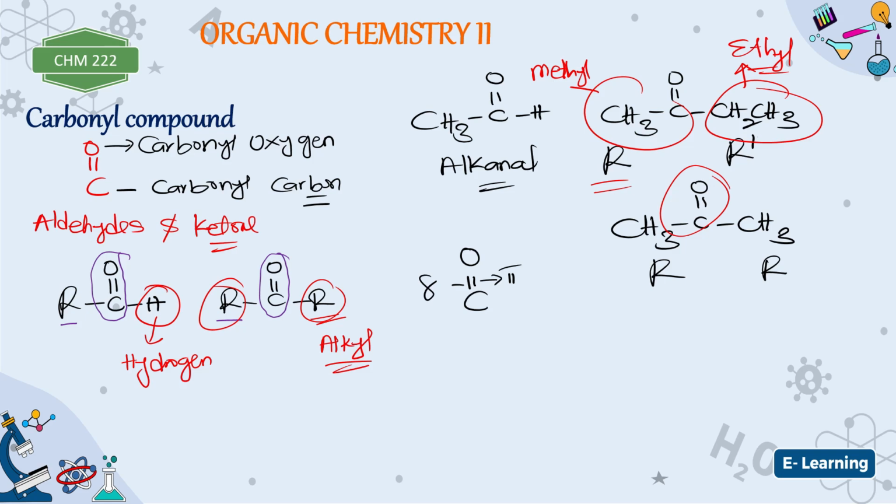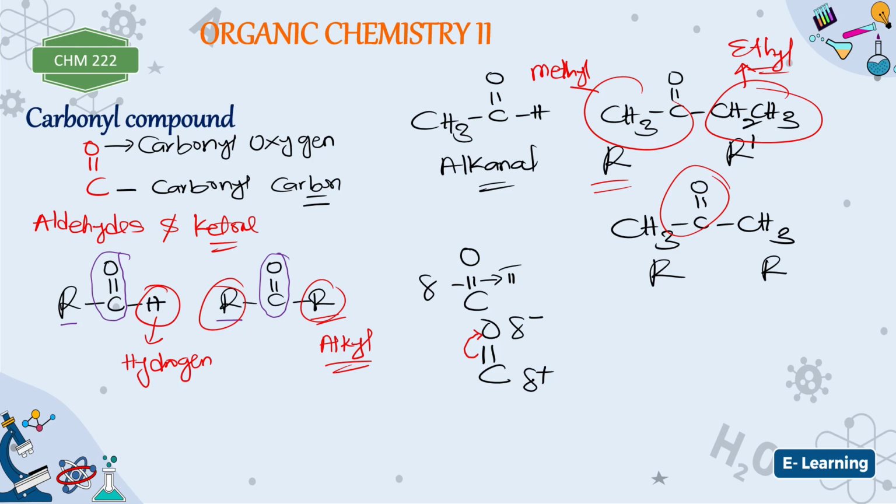It is also worthy of note that this carbonyl group has a partial negative charge on the oxygen and a partial positive charge on the carbon. Why? Because the oxygen is more electronegative than the carbon, thereby withdrawing the electron cloud to the oxygen and making the carbon positively charged.